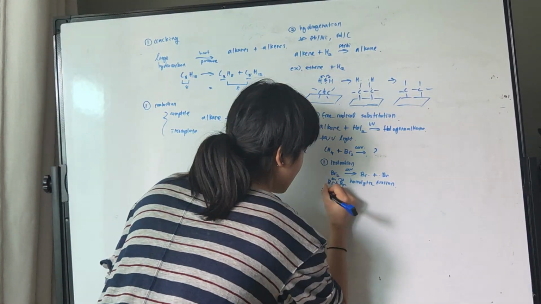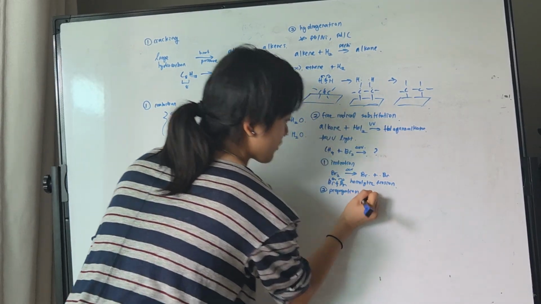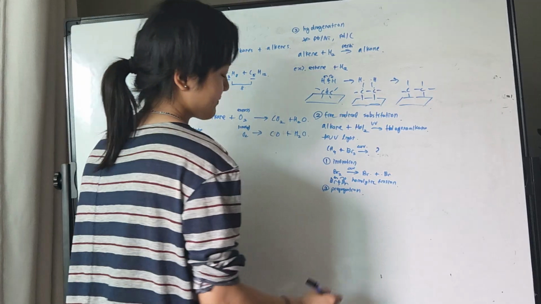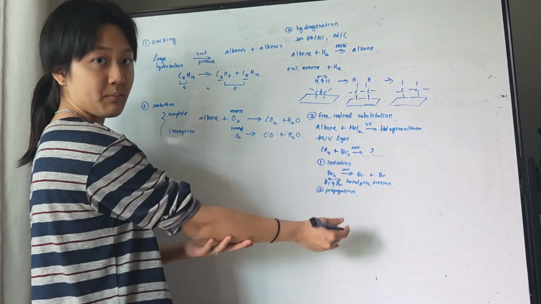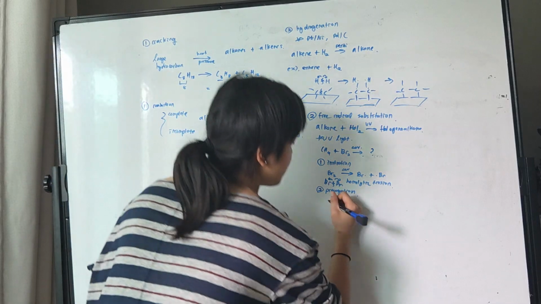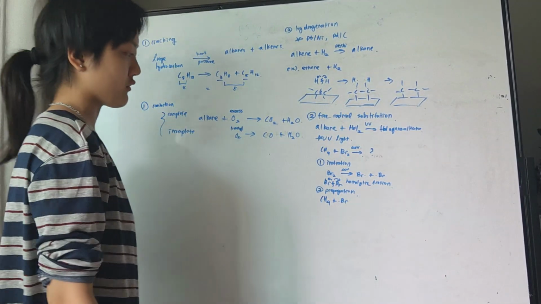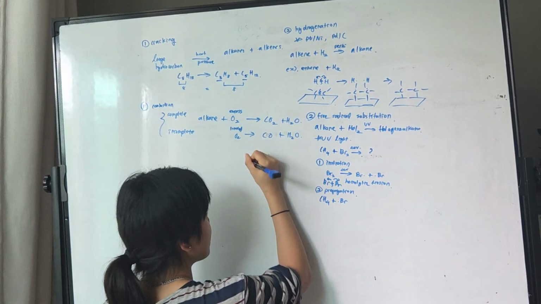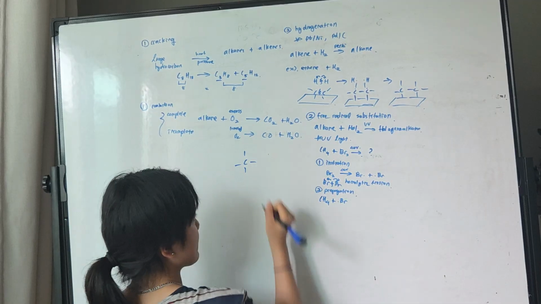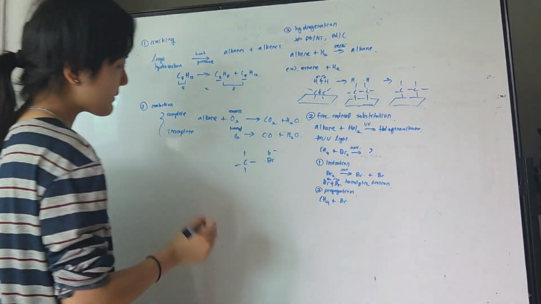Now what's important is the propagation step. In the propagation step, one might imagine that the alkane now has to react with one of the products of the initiation. So the alkane now reacts with one of the Br radicals. Now what happens here? Well, if we draw it in more detail, CH4 is like this. The free radical is here. The free radical is extremely unstable.